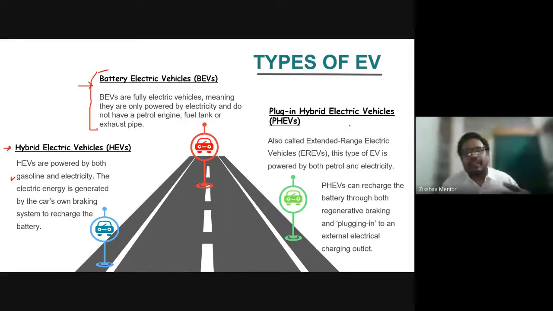They can recharge the battery through both regenerative braking and plugging into an external source. Electric vehicles in general have a very good property of regenerative braking, which, if we can harvest it with proper control, can be very good at extending the range.